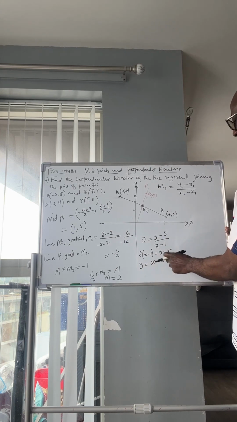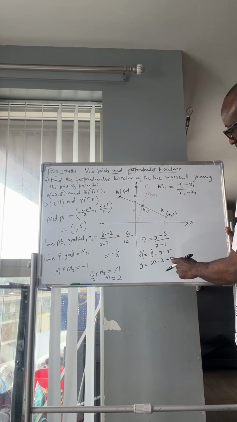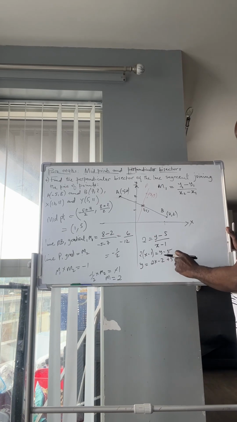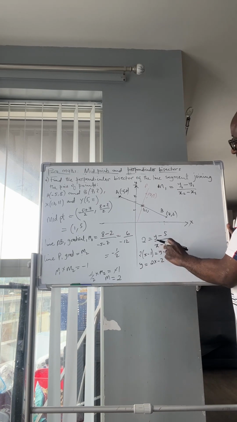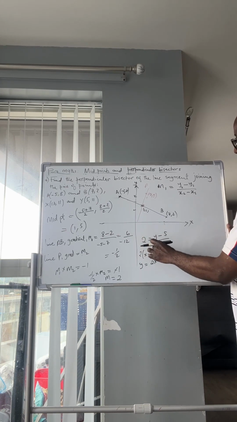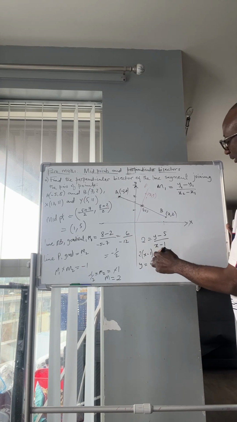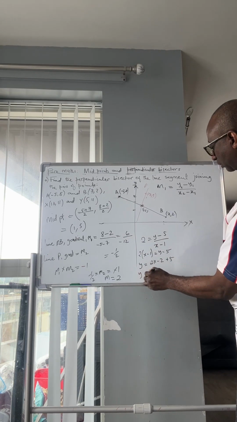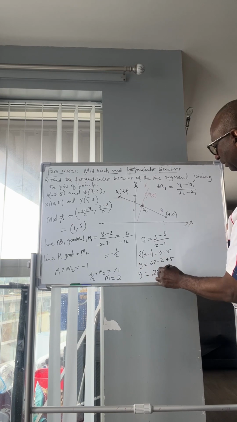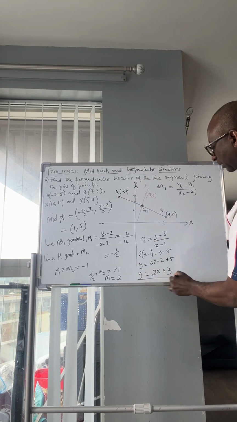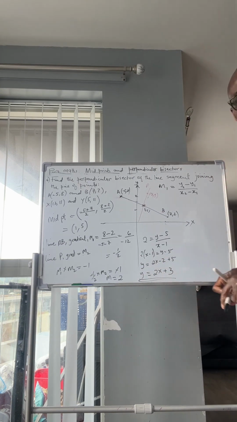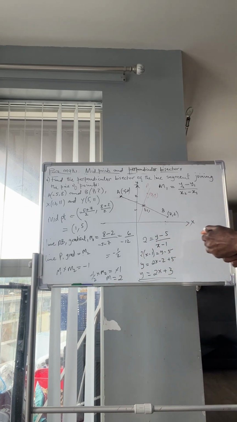Is that correct? Yes, 2x minus 2 plus 5. So now you have y equals 2x plus 3. This is the equation they ask you to find.